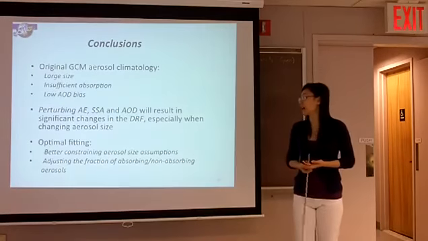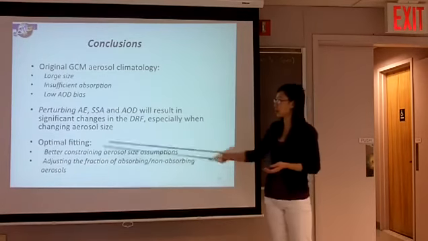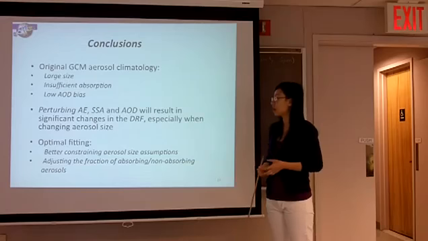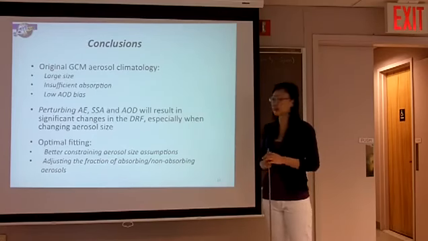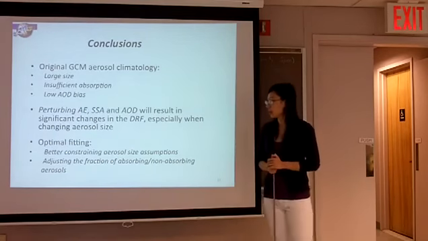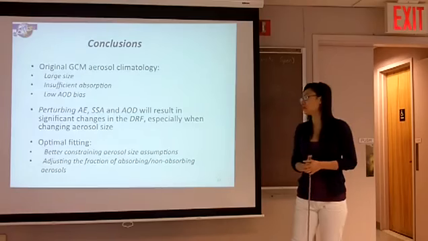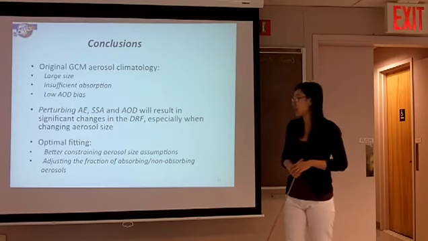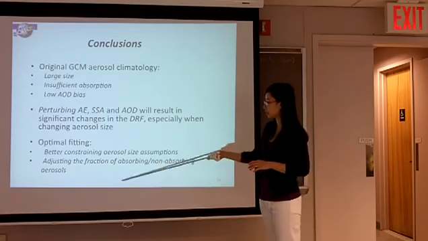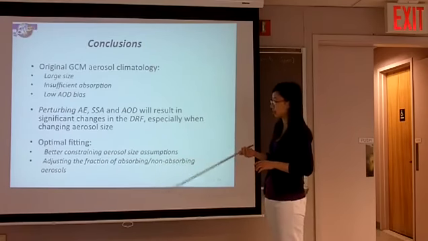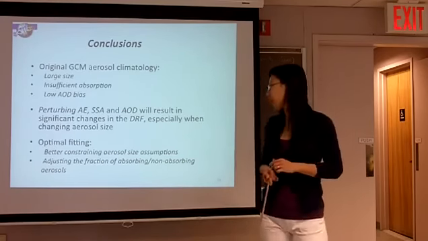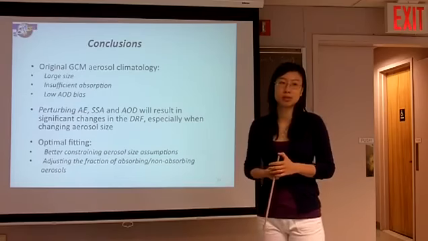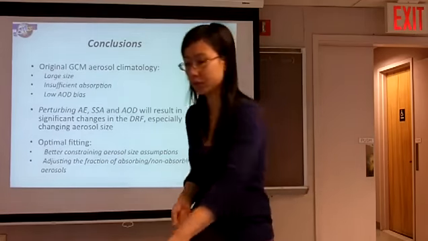So based on that, we developed this optimal fitting method to adjust the size assumption in the GCM. Basically, the fitting method reduced aerosol sizes for most species, and we also adjusted the fraction of absorbing and non-absorbing aerosols. And after that, the absorption is also increased.